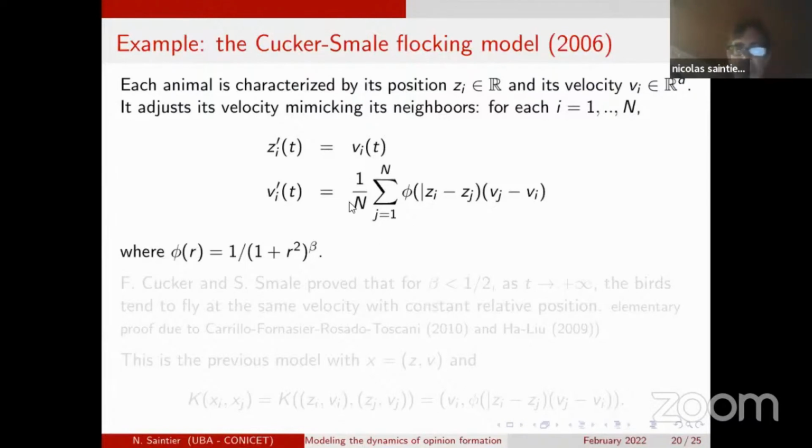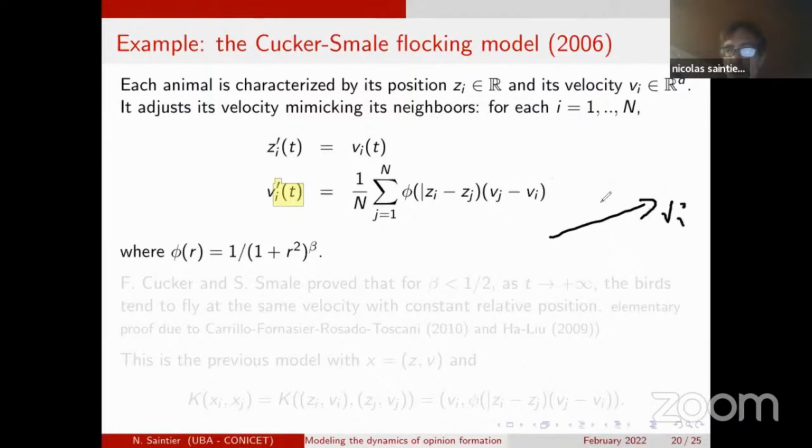Here, in that setting, my animal has two parameters, its position and its velocity. So the derivative of the position is the velocity, and the derivative of the velocity is very easy. What I want is to align with my neighbors.